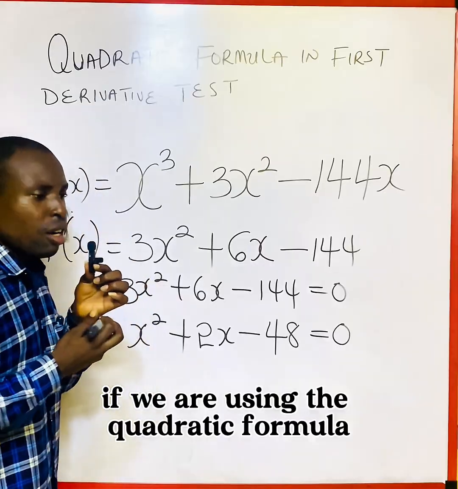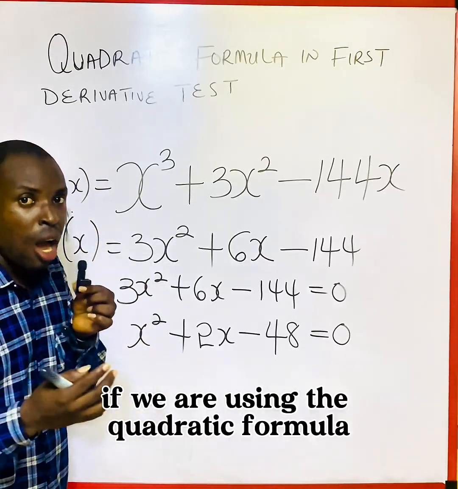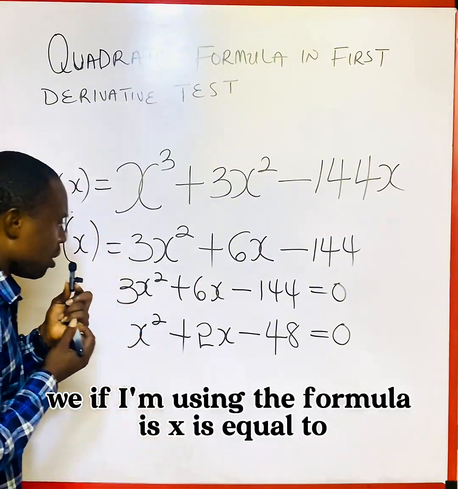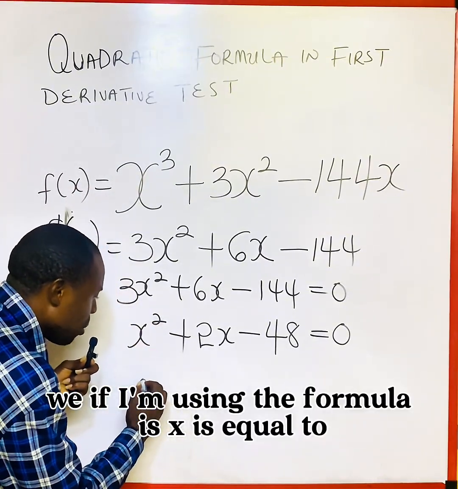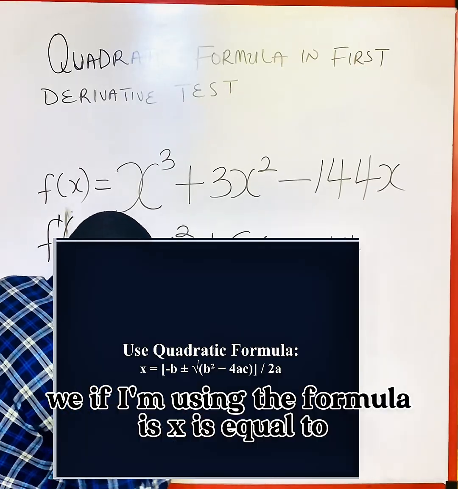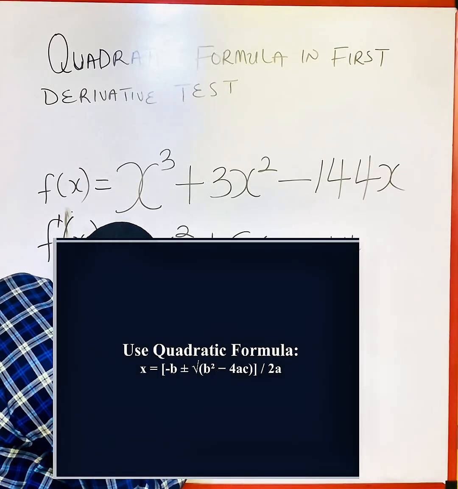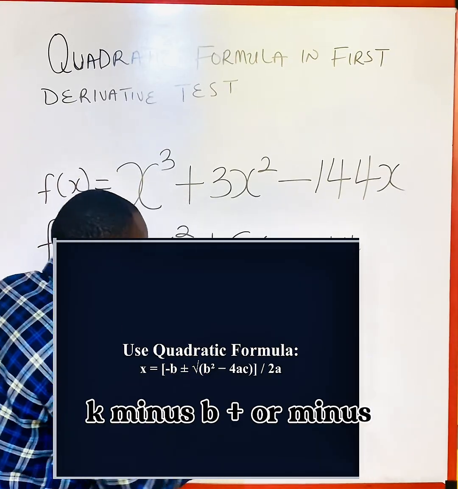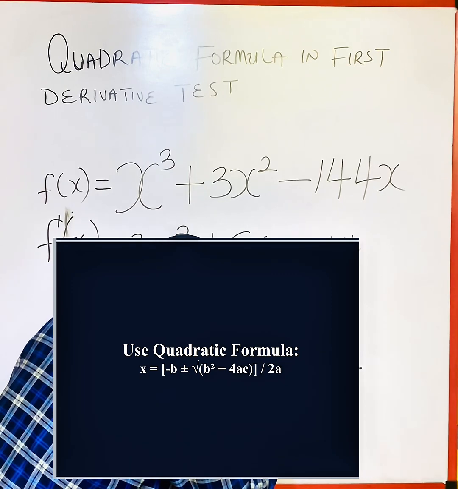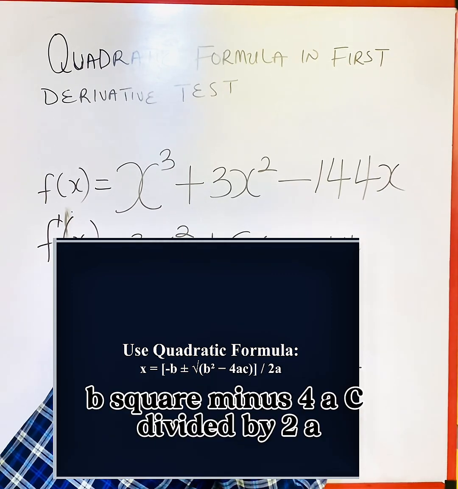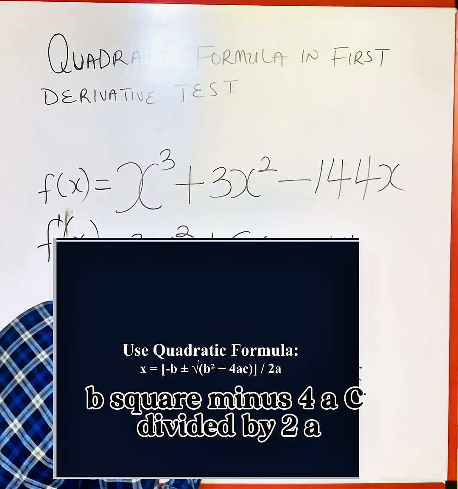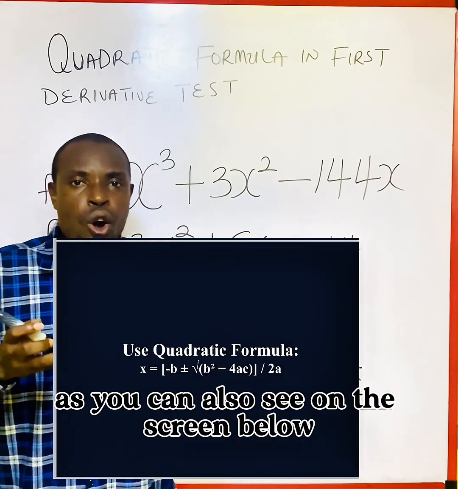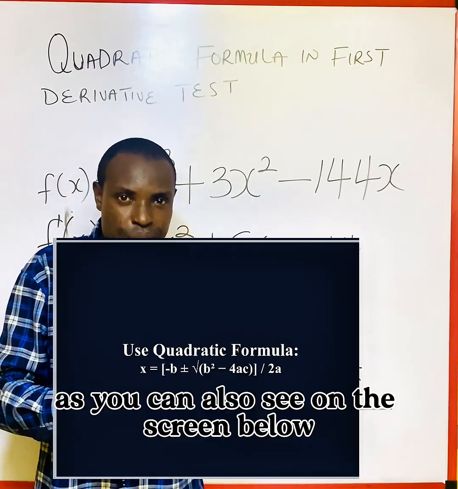Now what do we do next? If we are using the quadratic formula, the formula is x is equal to negative b plus or minus the square root of b squared minus 4ac, divided by 2a, as you can also see on the screen below.